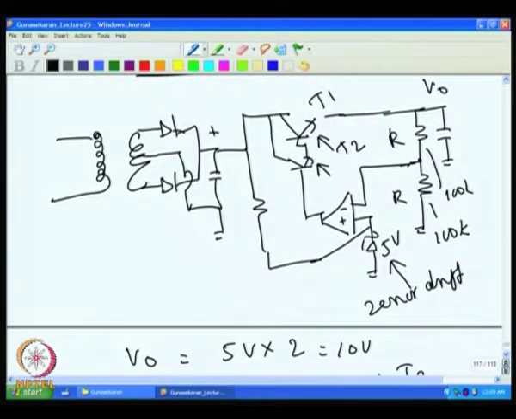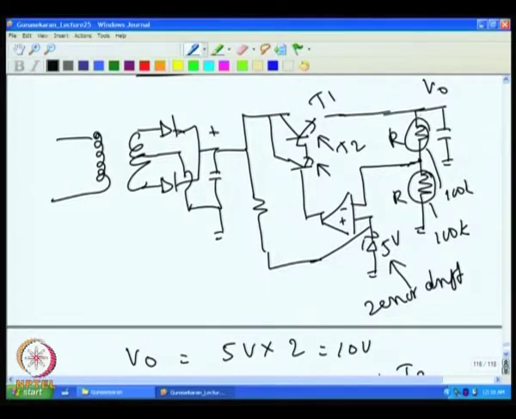Similarly, you will have a drift due to this resistance, because the resistance change will also produce drift, and the bias current change also will add to the drift. The resistance change we already calculated. If we use, for example, 10 ppm resistance, 25 ppm resistance, then we have to take one is increasing, another one is decreasing, and then accordingly we have to find out what is the output voltage drift.